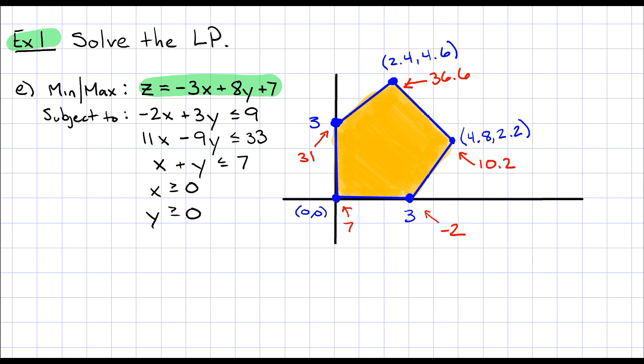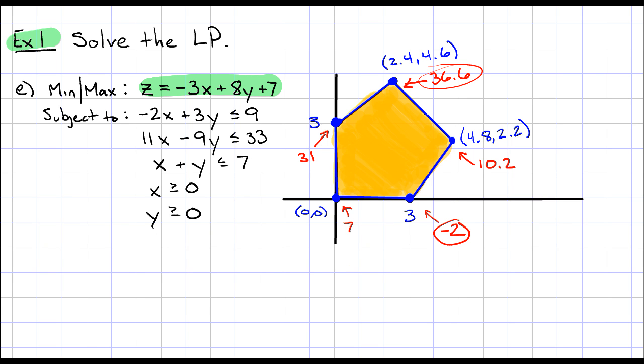So now I just need to compare the values at the vertices to see which one gives me the largest and which one gives me the smallest value for the objective function. And those are going to be my min and my max. So the largest number here looks like it's 36.6, and the smallest number is this minus 2.